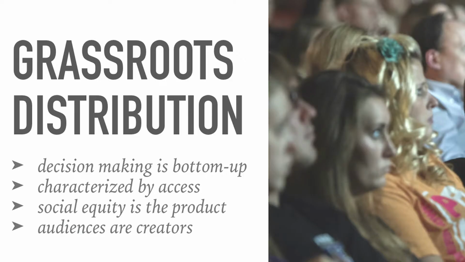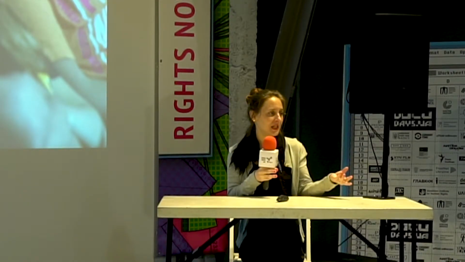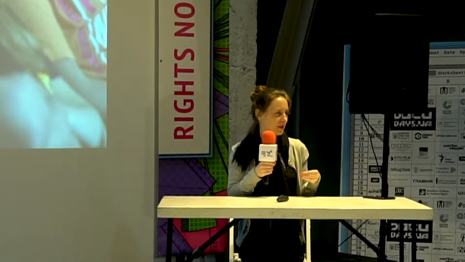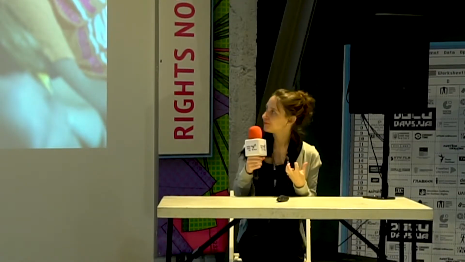Grassroots distribution is also characterized by access. So rather than being characterized by control from the corporate distributor, the idea is that we make it possible and fluid for the audience to have access to the film within some parameters, but we give people the power and the freedom to use the film in the way that they would like to see it.